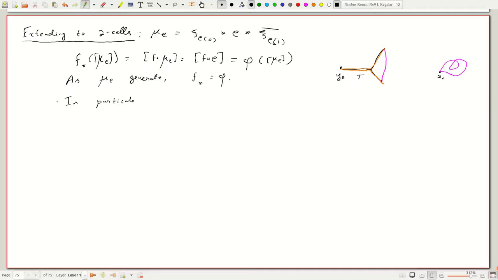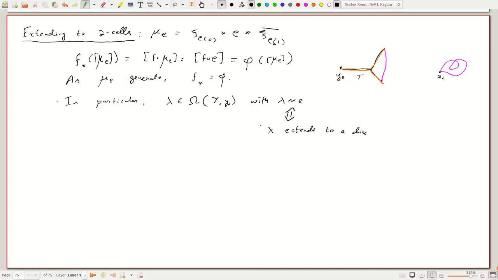Suppose we took a loop lambda, so lambda is in omega of x, where x was the codomain in this case, y and y0, with lambda homotopic to the identity, which is equivalent to saying that lambda extends to a disk.